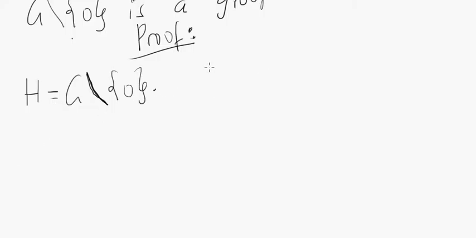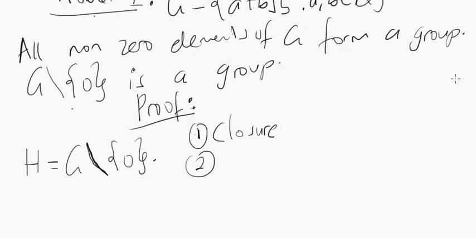And how do you prove that something is a group? Well, if you want to prove that a set is a group, you must show that it satisfies 4 properties. The first property it must satisfy, as we saw, is closure. The set must be closed under the operation, and here we're talking under multiplication, by the way. I forgot that. We want to prove that H is a group under multiplication.